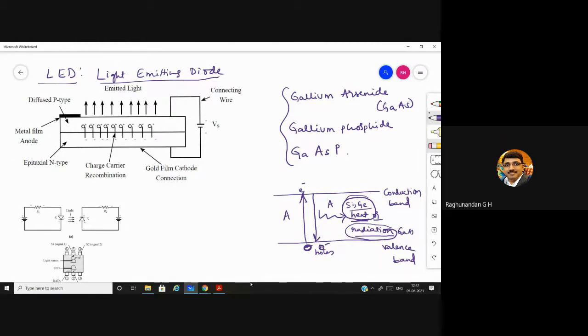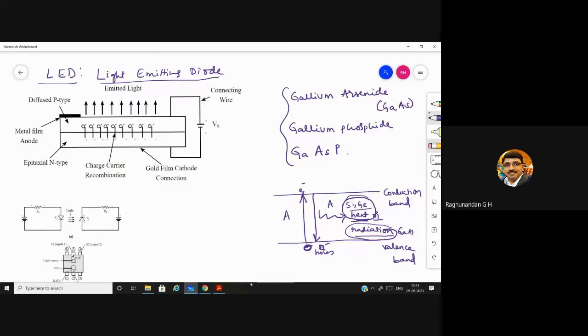This is known as recombination. Because of this recombination process, some amount of energy is released. This energy released in the recombination process will be our radiation or light, which we observe from the LED. So this is the principle of LED, how it works.